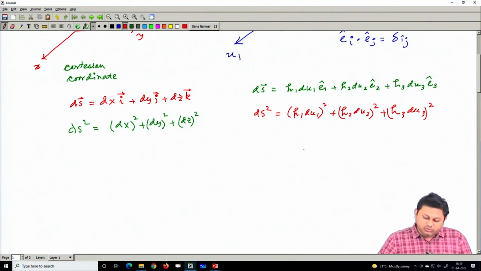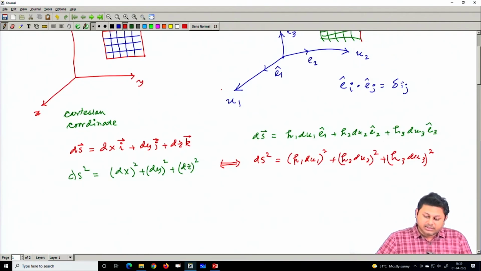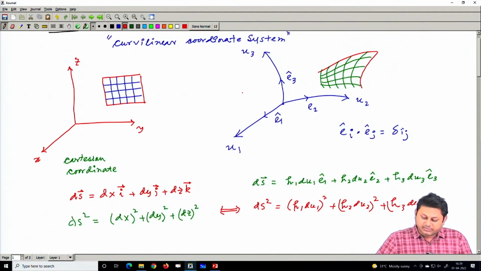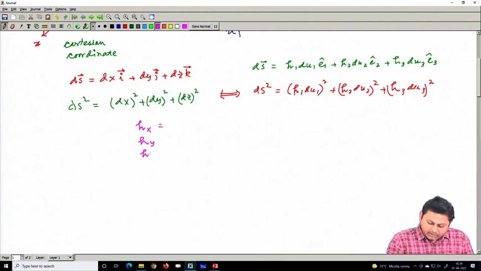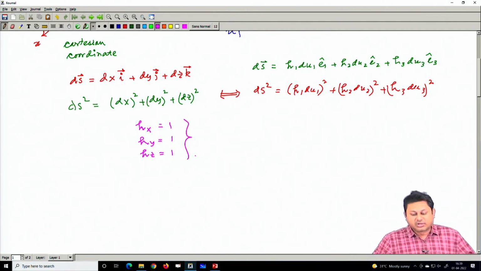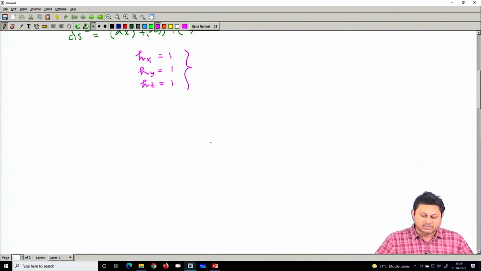If I compare these two, because the Cartesian coordinate system is a special form of the generalized curvilinear coordinate system, I can readily have the value of the scale factors: hx, hy and hz are equal to 1. That is the value of the scale factor for the Cartesian coordinate system that we derived last day also.